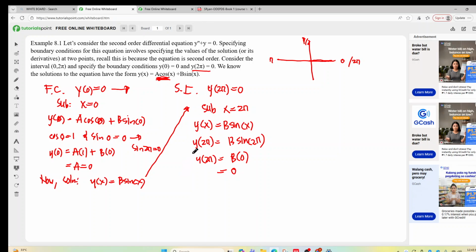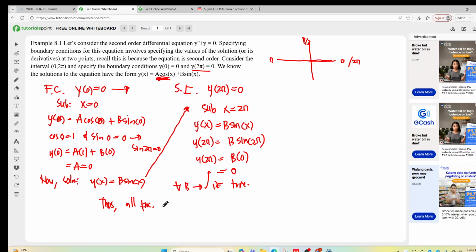This equation is true for any value of b, since sin 2π is always 0. So for any value of b, this differential equation is true. It means that the solutions for this differential equation are in the form of sine functions.